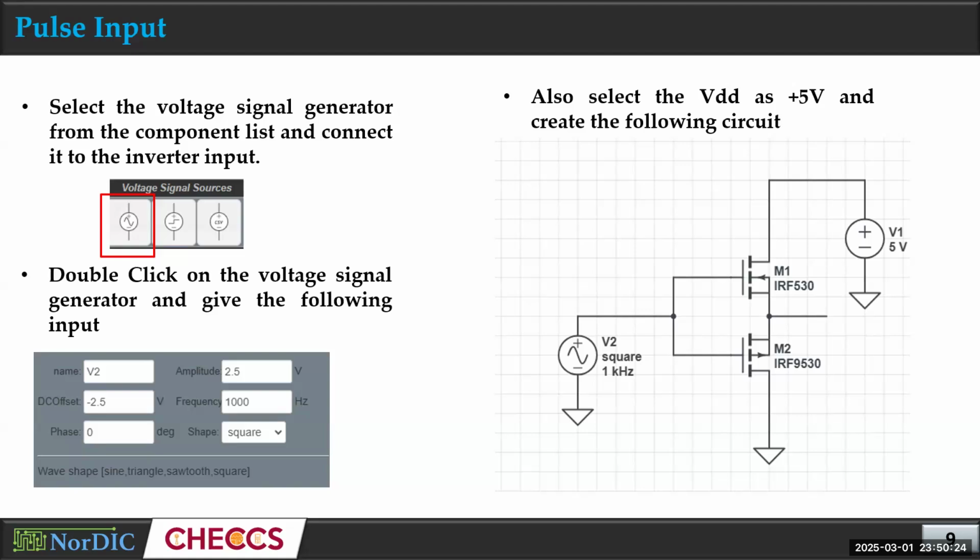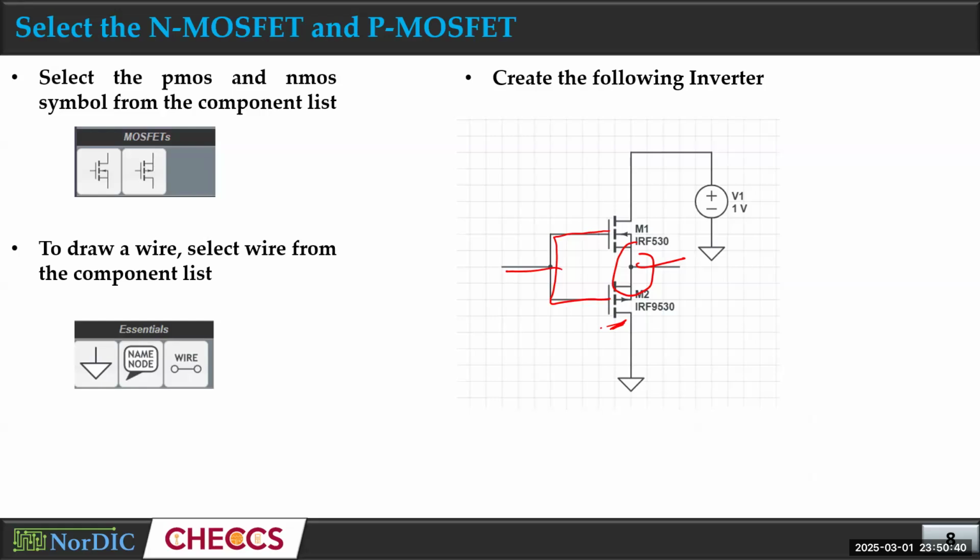So follow CircuitLab: put the MOSFET N channel in the bottom, and the MOSFET P channel in the top. After putting these two MOSFETs, make these connections using these wires: connect the drains and create this output, and connect the gates and create this input.